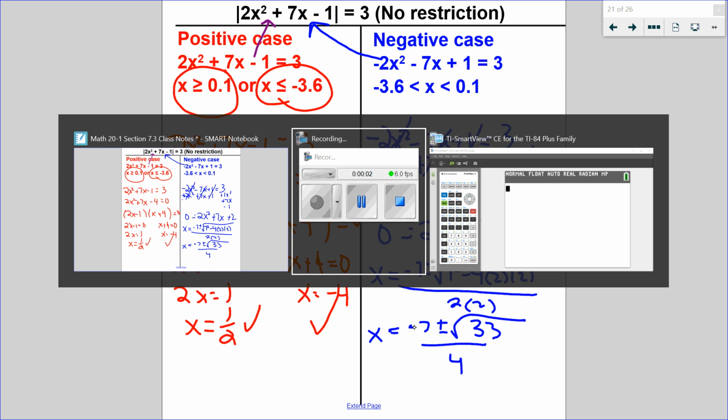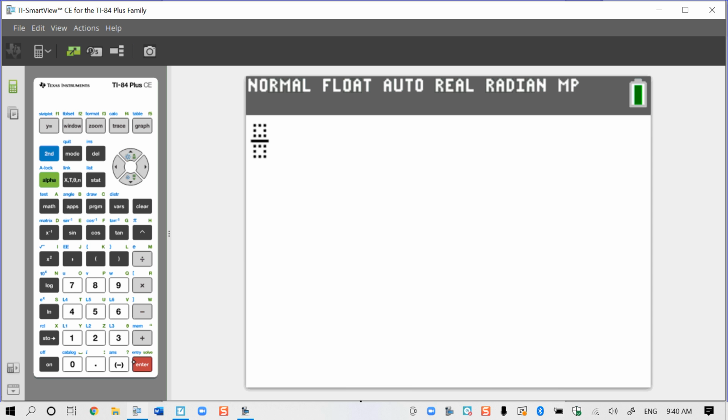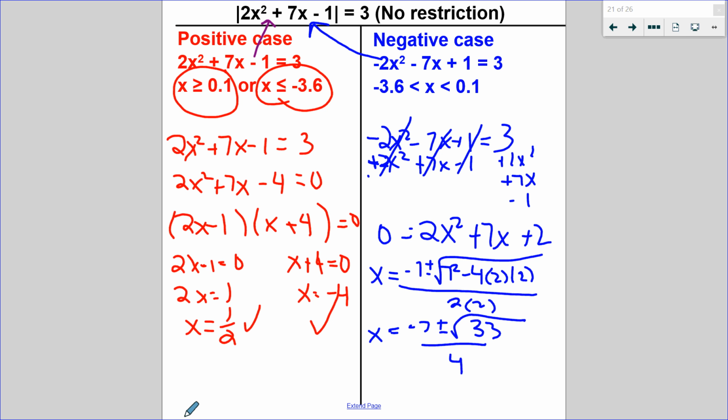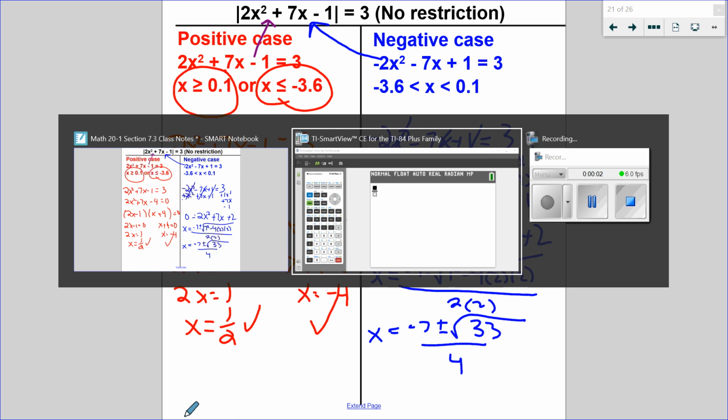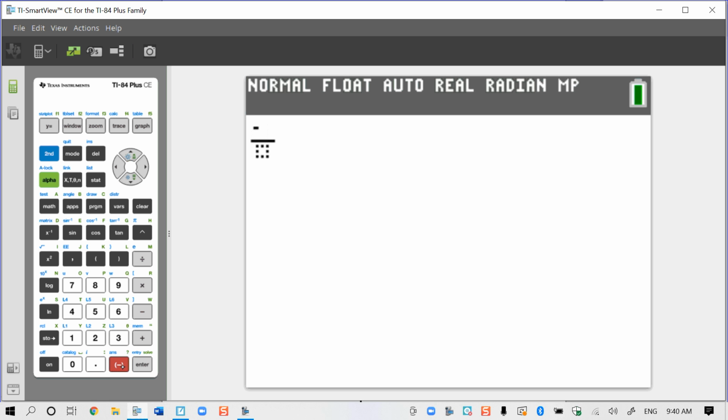So let's go into our calculator and do exactly that. Okay, in my first one, I need negative 7 plus root 33 over 4. So I have negative 7 plus the square root of 33 over 4.